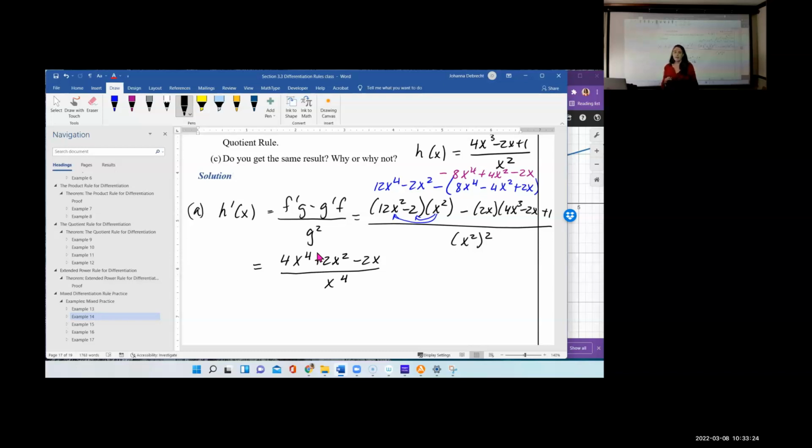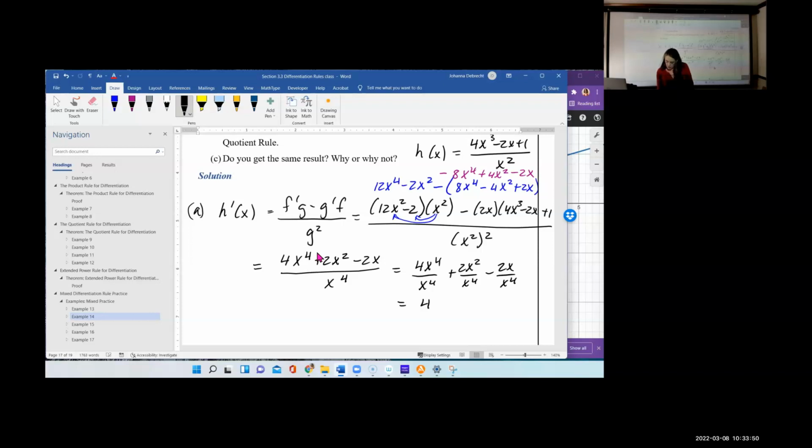All right. Now, if I wanted to, I could reduce this, since I have a single term polynomial in the denominator with no addition or subtraction. I could split this into 3 fractions and write it as 4x to the fourth over x to the fourth plus 2x squared over x to the fourth minus 2x over x to the fourth if I wanted to.